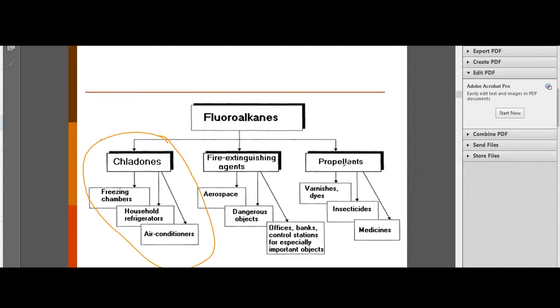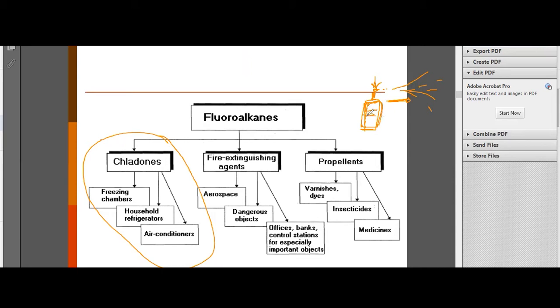For example, on an insecticide bottle, you push this knob, right, and then it sprays.